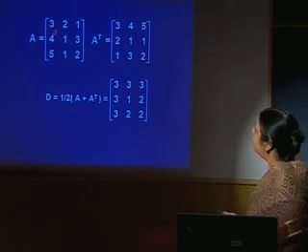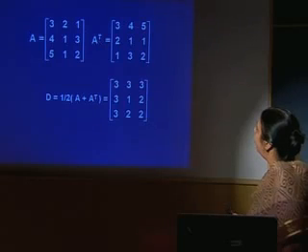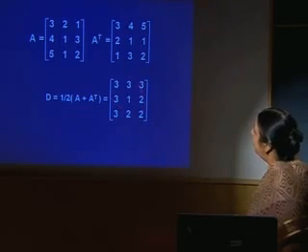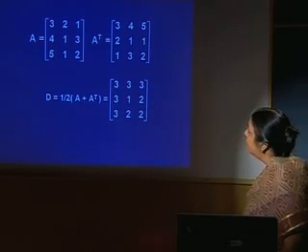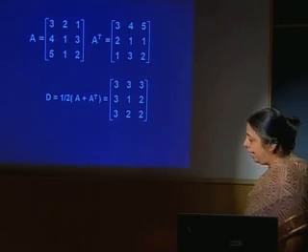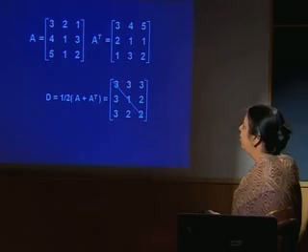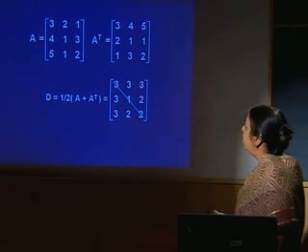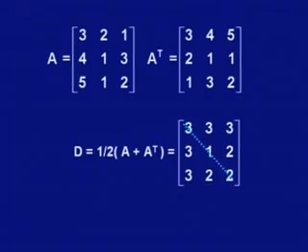If you sum this up, 3 plus 3 by 2 is 3, 2 plus 4 by 2 is 3, 1 plus 5 divided by 2 is 3. Similarly, other elements can be computed. So this is D, and one can notice that this matrix is symmetric. This 3 and this 3 are the same, this 3 and this 3 are the same, this 2 and this 2 are the same. So this is a symmetric matrix.